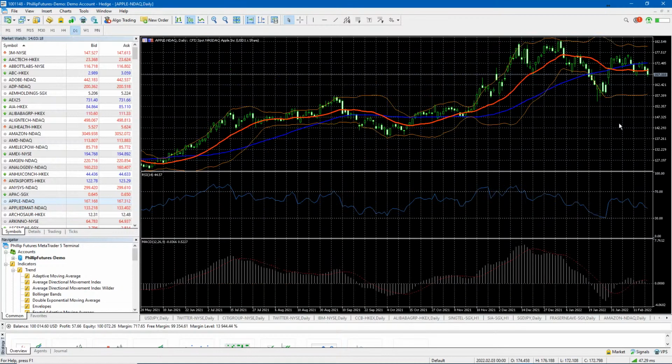Well, to me, Apple has shown some resilience in the recent market sell-off compared to other big tech. For example, Tesla, Facebook, Meta, or Google, Alphabet. So I can see Apple has not fallen so much compared to others.